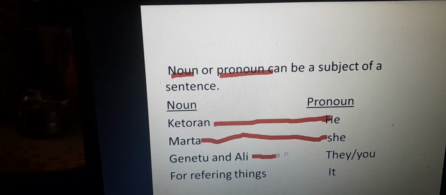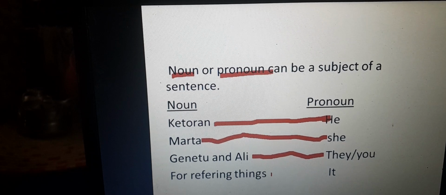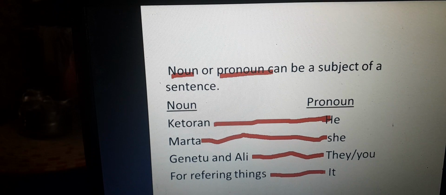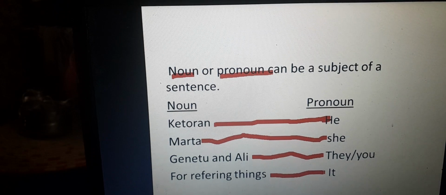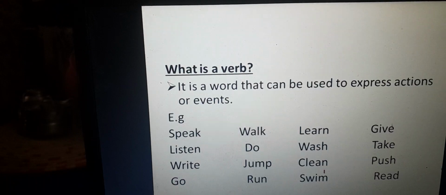And Gaetane and Ali can be referred to with the pronoun they or you. And things, animals, and the like can also be referred to by using it. So this is one fact that you should know, okay?